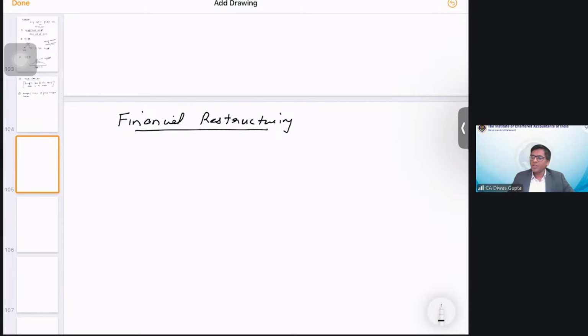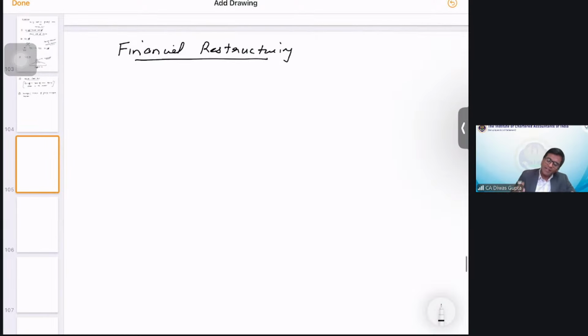So financial restructuring means a structuring where you tend to change the financial ways of working of a company, right? And where it is needed, first of all, it is needed for a sick company. A sick company is a company which has accumulated losses, right?